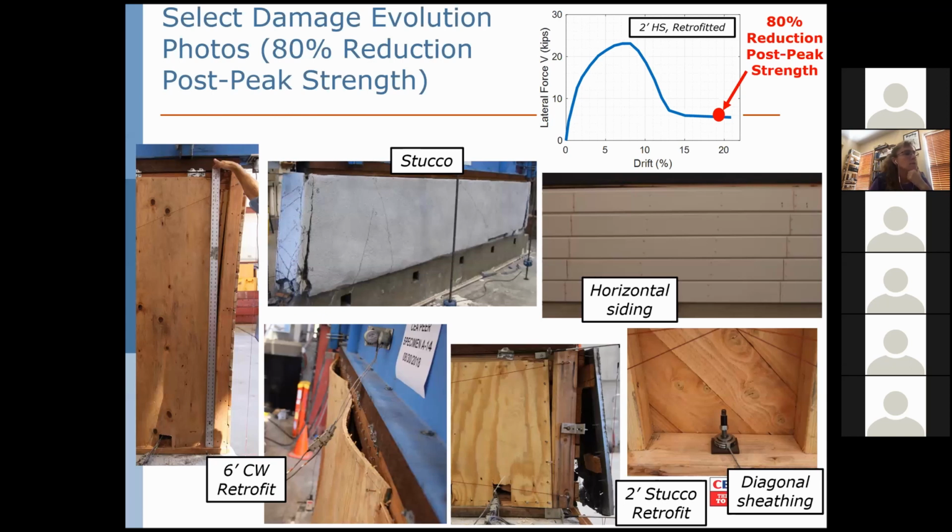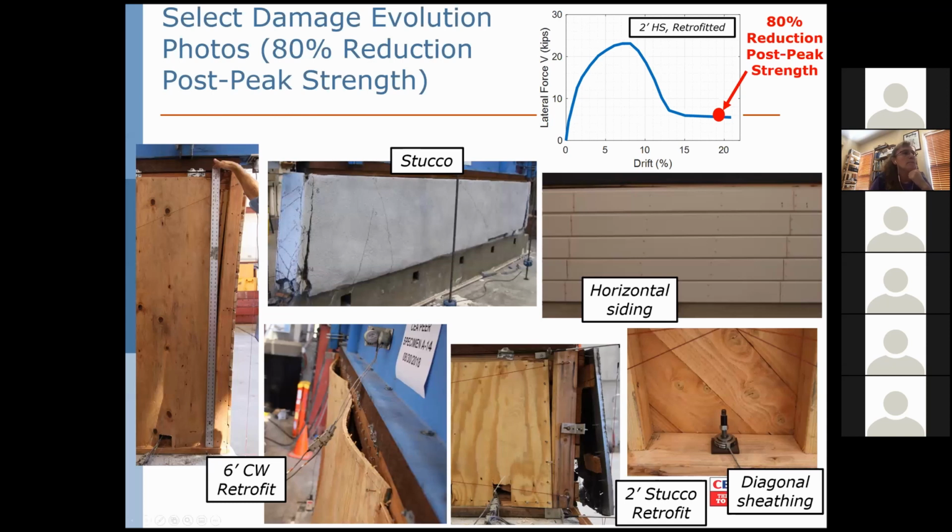You can see that the plywood is pulled outward under an extreme and low strength condition, complete crushing of the diagonal sheathing, complete gap closure, and we even saw some splitting of these boards, and a very expressed, at very large deformation, stair stepping of the horizontal siding.